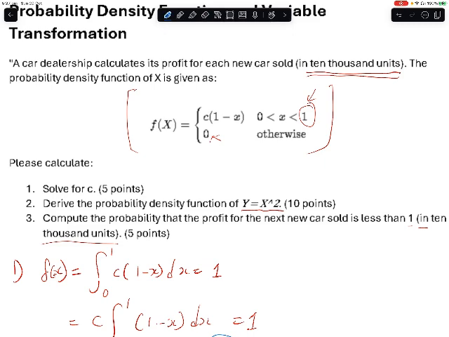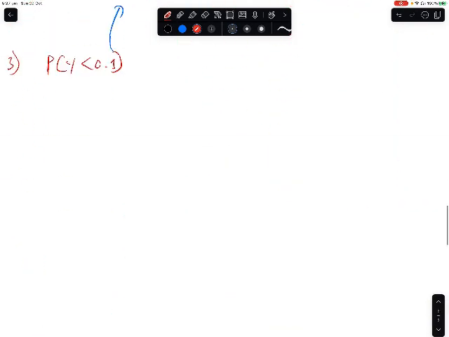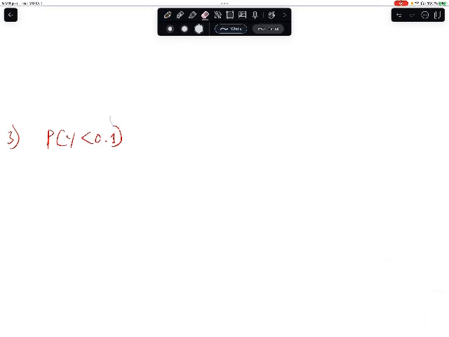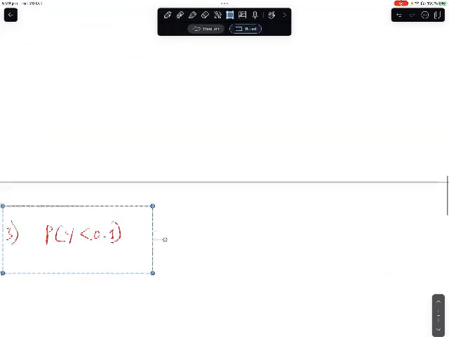Y is smaller than 0.1, and we need to calculate this, and then we just need to use the existing function we already created in question 2.